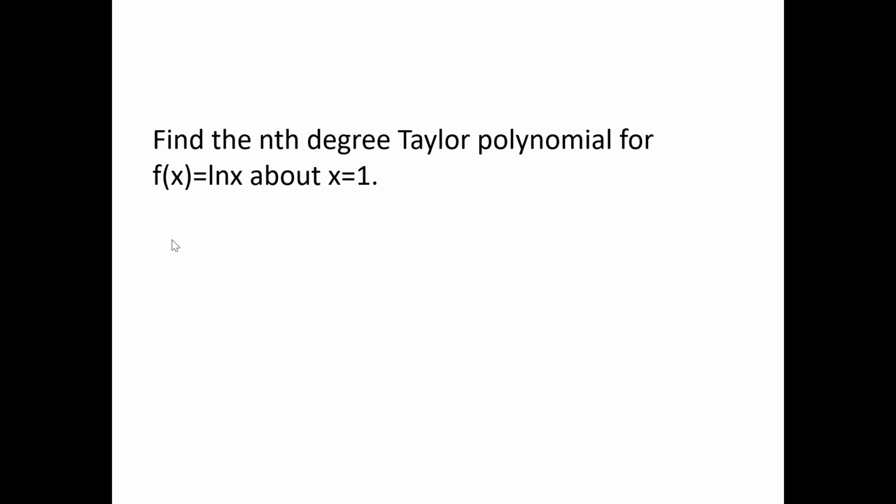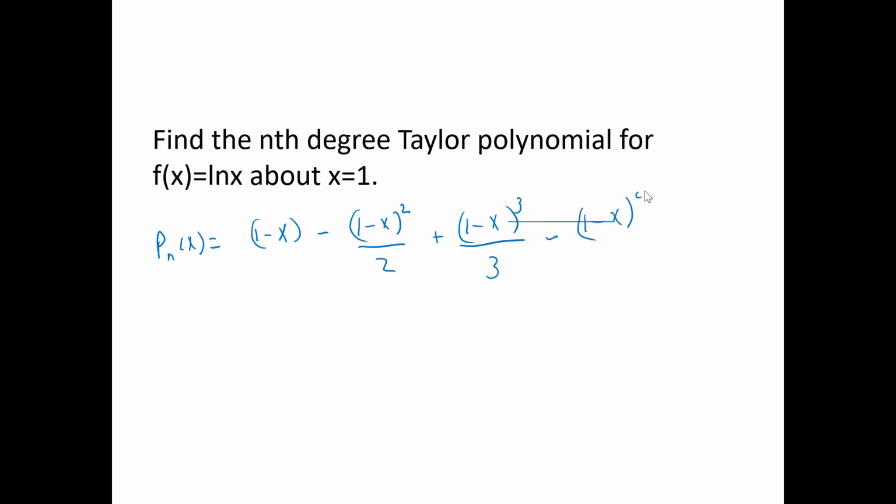So Pn of x is equal to 1 minus x minus 1 minus x squared over 2 plus 1 minus x cubed over 3 minus 1 minus x to the 4th over 4.